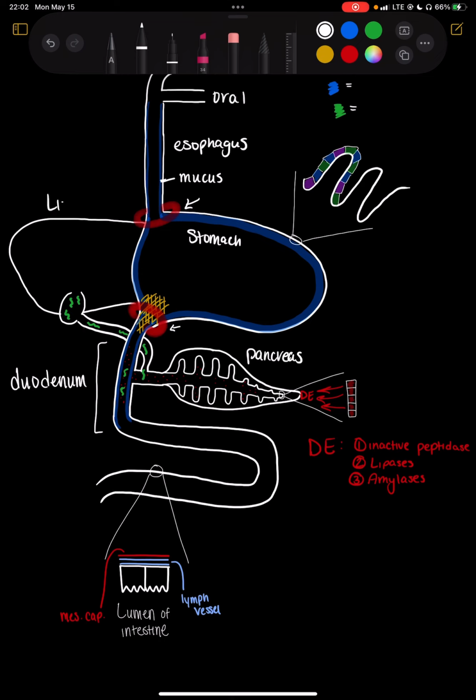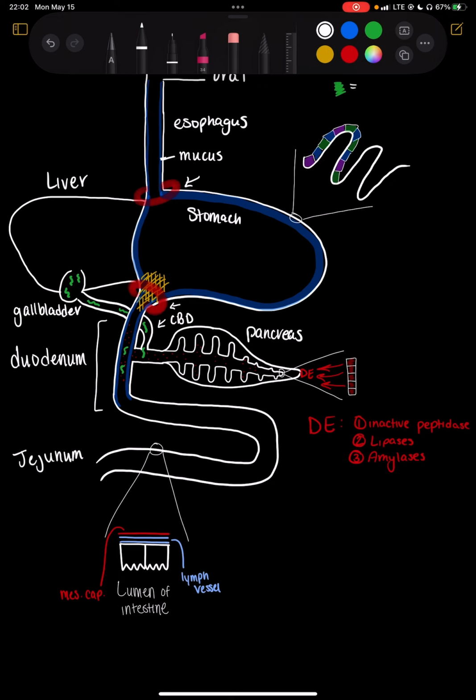Here is the liver with the gallbladder, which is attached to the pancreas via the common bile duct. And continuing off the duodenum is the jejunum, which leads into the rest of the small intestine.